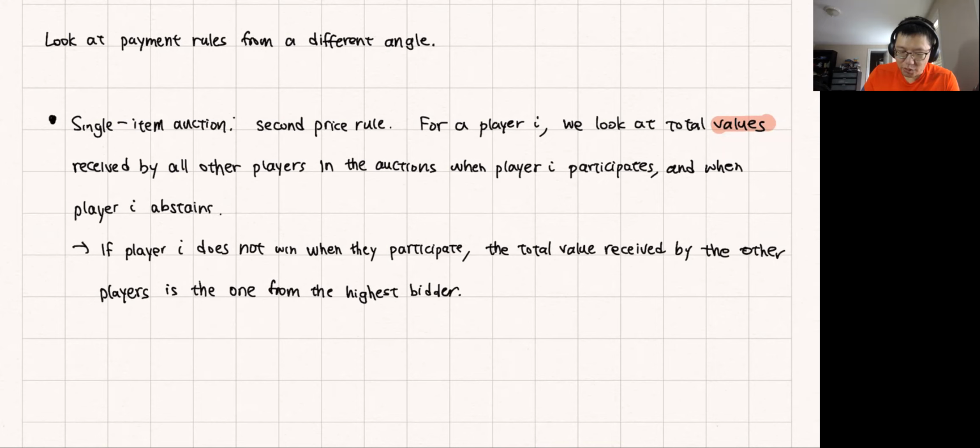But what if player I does not participate in the auction? You take the auction, remove player I from it, and run the auction again. Well, player I has a lower bid than the highest player, so nothing changes.